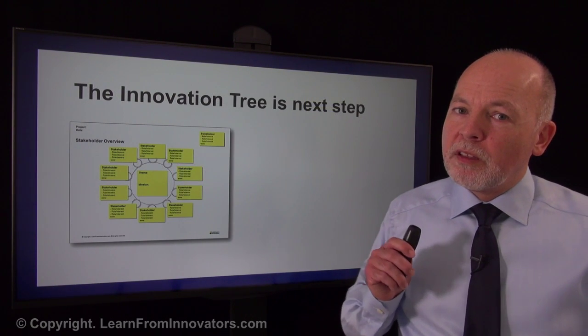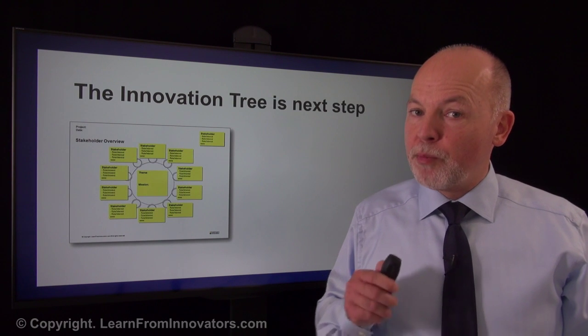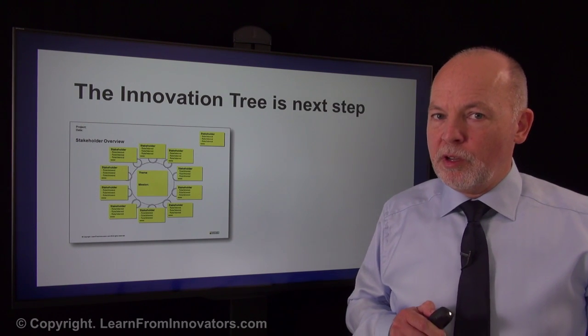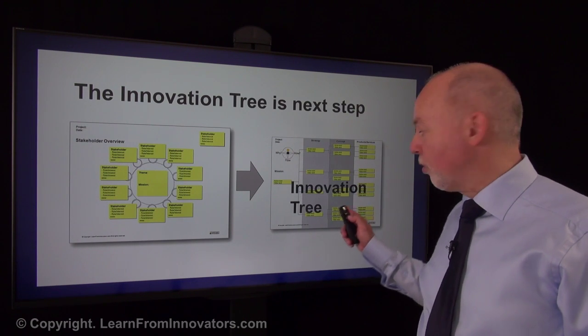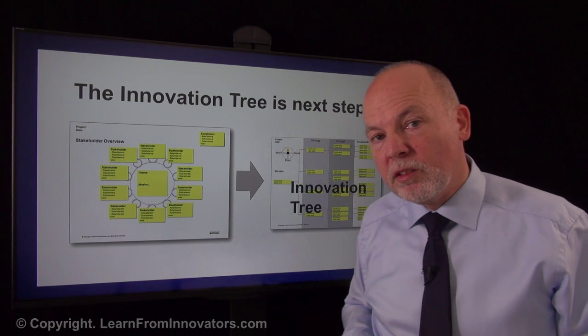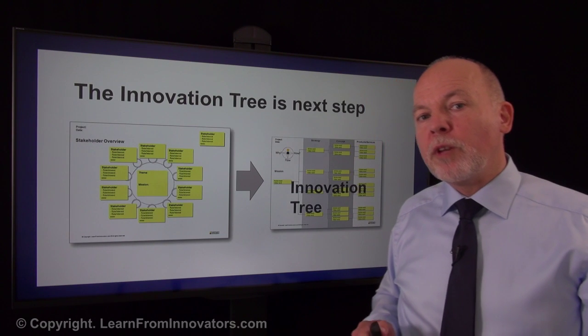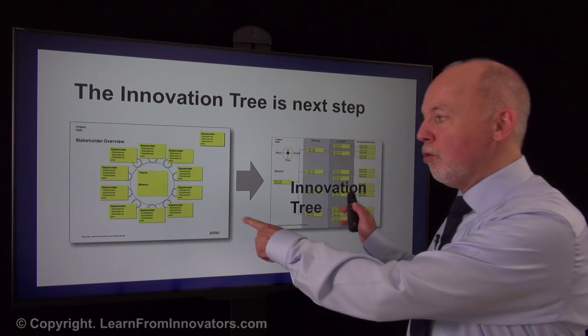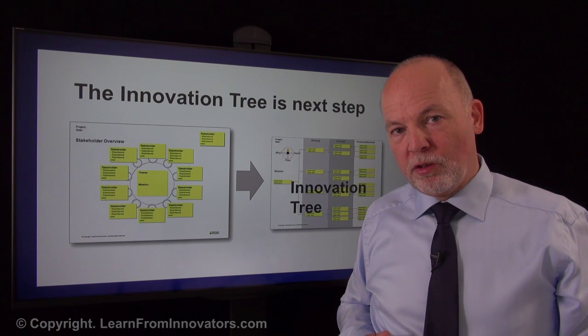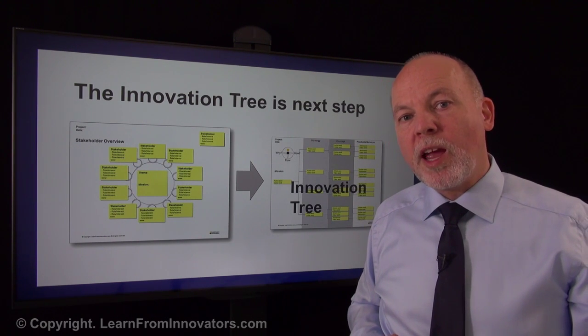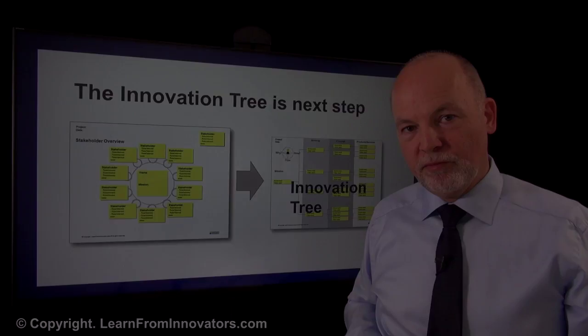Now, the stakeholder overview is important on its own, but it is closely related to the creation also of the innovation tree. And that is why we have placed these two in the same document called Stakeholders and Innovation Tree.